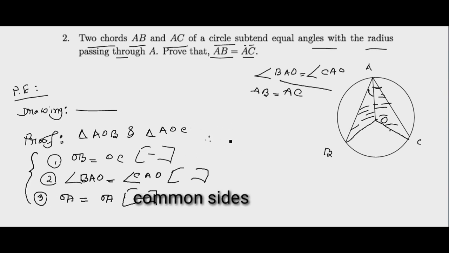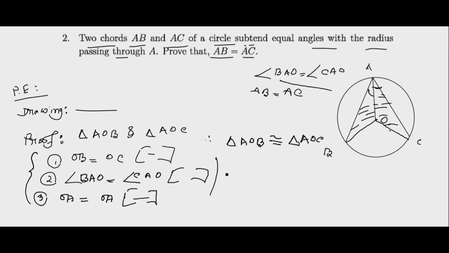So here we have three conditions to prove the congruence of both triangles. So as we know that when two triangles are congruent, then their similar sides and angles will be equal. So we can write AB is equal to AC, and this is our final proof.